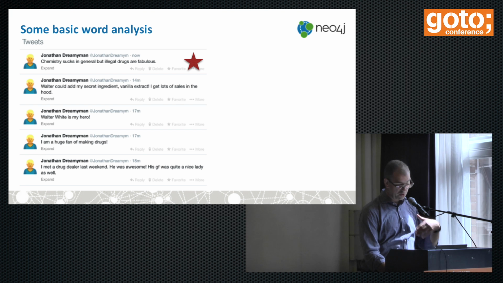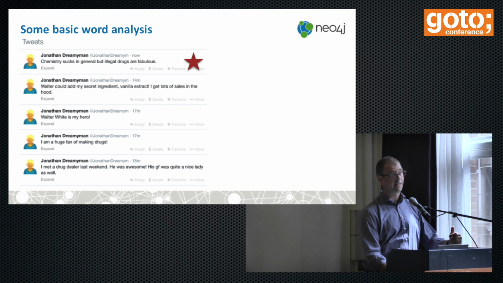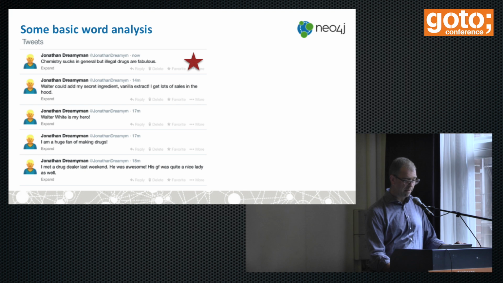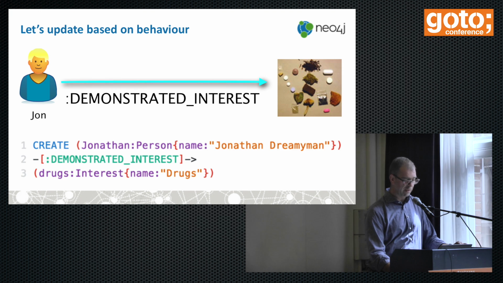So you can derive new kinds of interests from this analysis as well. If you do some word analysis on these Twitter feeds, it's very easy to infer new kinds of interests and apply that to the graph to assess things like safety.